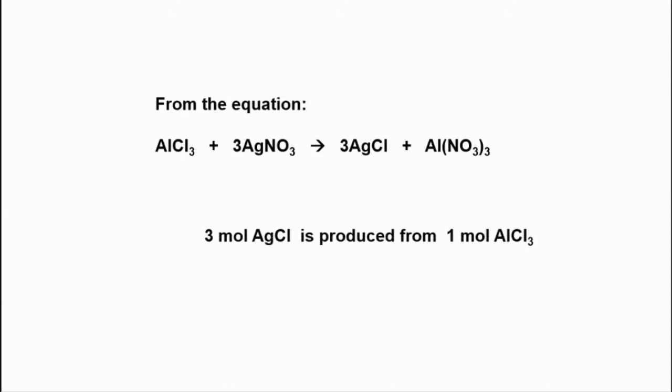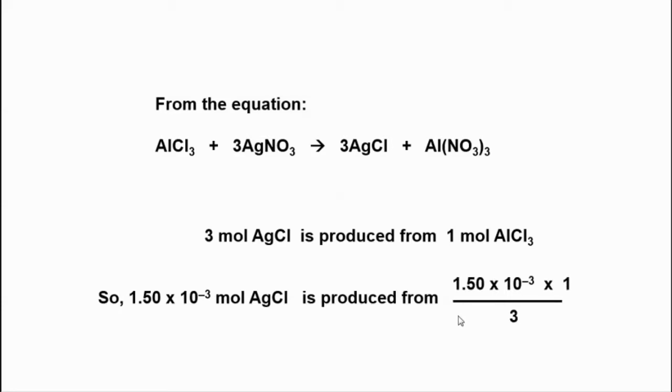Let's look at the relationship between silver chloride and aluminum chloride. From the equation, 3 moles of silver chloride, which is the product, are produced from 1 mole of aluminum chloride. So if we have 1.5 times 10 to the power of -3 mole of silver chloride, they are produced from how many moles of aluminum chloride?